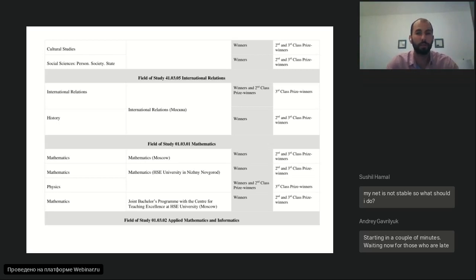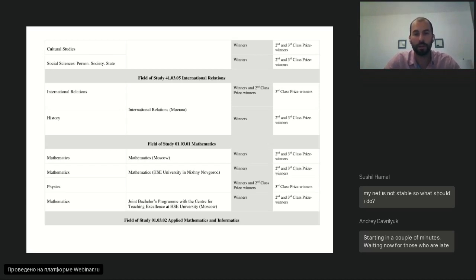So it is the same university, our alma mater, but it has 4 campuses in big Russian cities: in the capital, in the second capital, St. Petersburg, and in 2 major cities, Perm and Nizhny Novgorod.